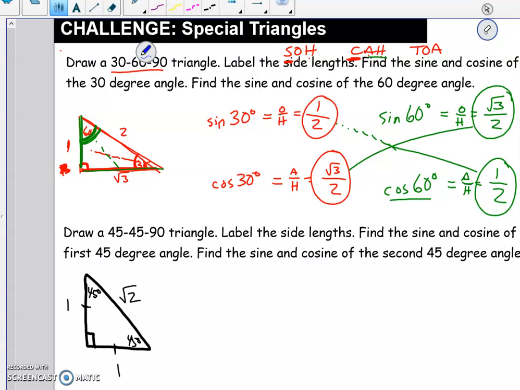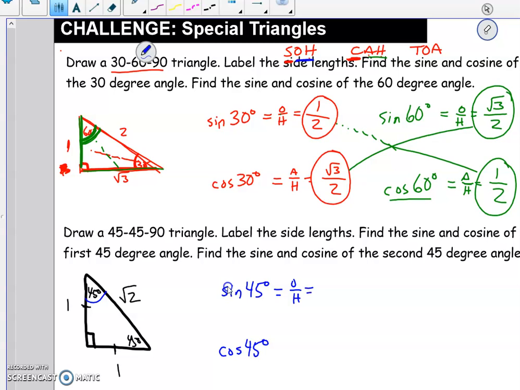Okay, so let's find the sine and cosine of this 45 degree angle. Sine of 45 degrees, and then we'll find the cosine of that 45 degree angle. Remember, sine is opposite over hypotenuse.